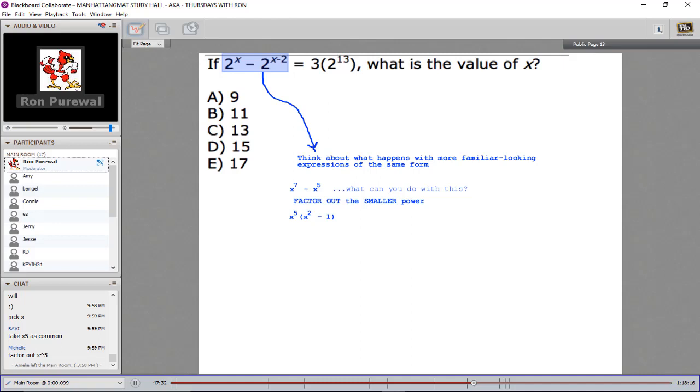Similarly, if it is 2 to the 7th minus 2 to the 5th, obviously you could just make that into numbers, but you could also factor out 2 to the 5th. And it would work out, because it doesn't matter if that's an x or a 2. Give me a smiley face if that makes sense.